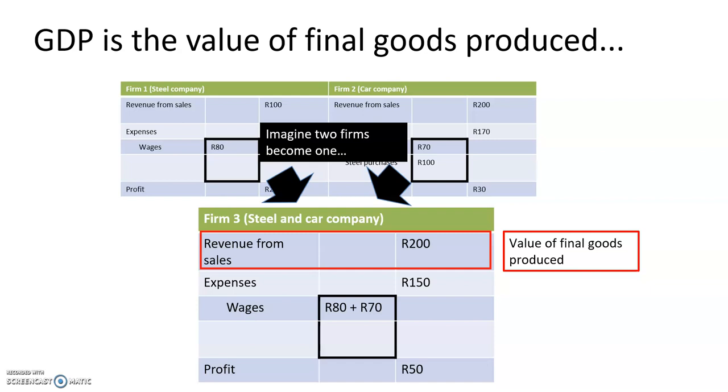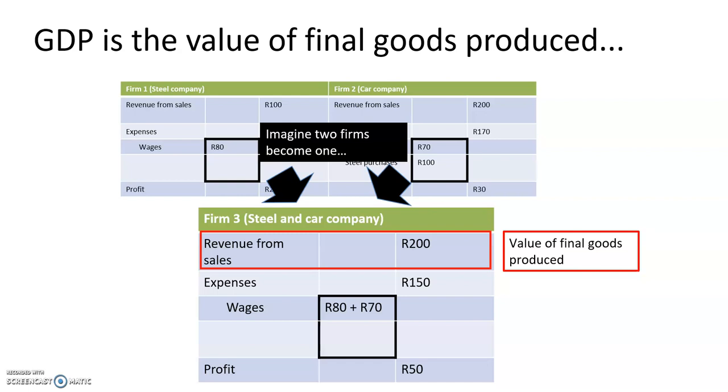GDP is the value of final goods produced. Imagine the two firms become one. Let's say Firm 3, a steel and car company. The revenue from sales will be 200 Rand because we're looking at the value of final goods produced. We don't add the 100 Rand because steel is an intermediate good in the car making process. An intermediate good is a good used in the production of another good.